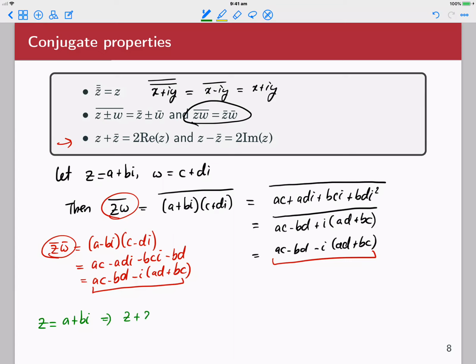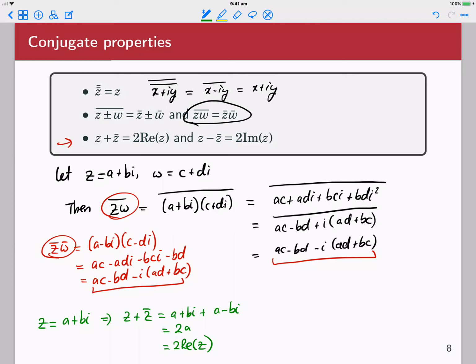If I do z plus z conjugate, I'm going to get a plus bi plus the conjugate of z, which is a minus bi. And so the bi's cancel, I'm left with 2a. But notice that a is the real part, so it's 2 times the real part of z.